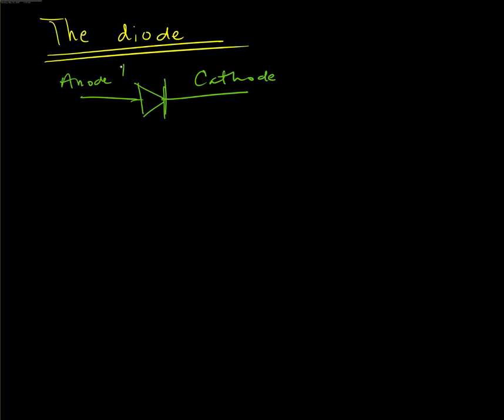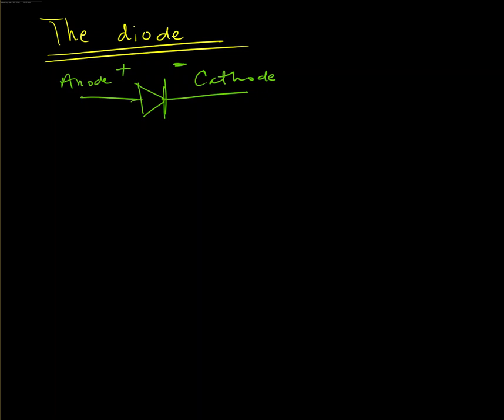I'm going to draw a little plus minus here. The diode has two modes of operation: reverse biased or forward biased. If I give the higher voltage to the anode, it's going to be forward biased, and if I give the higher voltage to the cathode, it's going to be reverse biased.